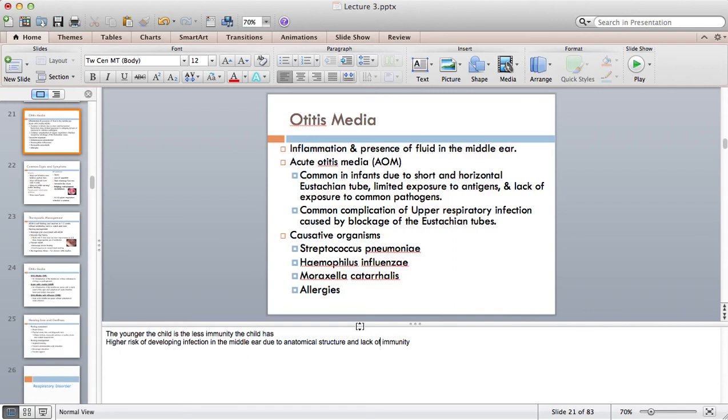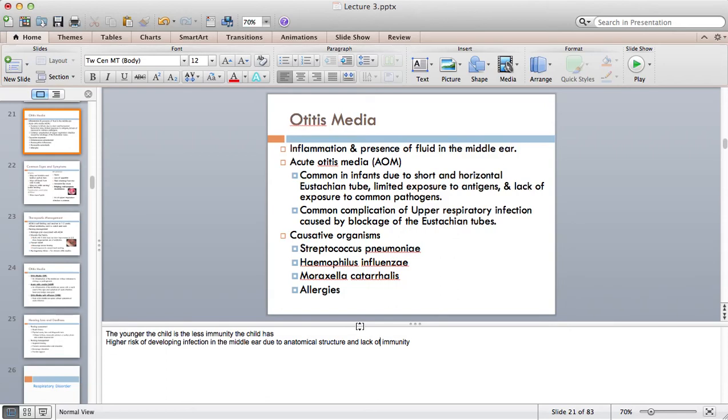Once there is a stagnant fluid anywhere, that place becomes a breeding ground for bacteria. Okay? So you have to be cognizant of that and teach the parents against doing that, and also prevent yourself from doing it no matter how busy the unit may seem to be. So these common organisms here could be strep, Haemophilus influenzae.